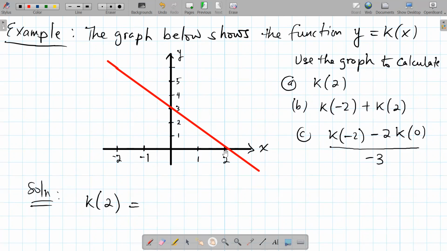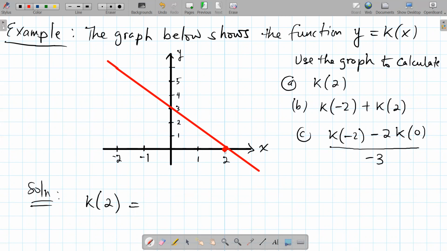And what is going to be my Y? Now, this graph is not really drawn to scale, but you will see that the 2 is somewhere here. This is a 2 for X. So if the 2 is exactly on this line, this is what we call the X-intercept.